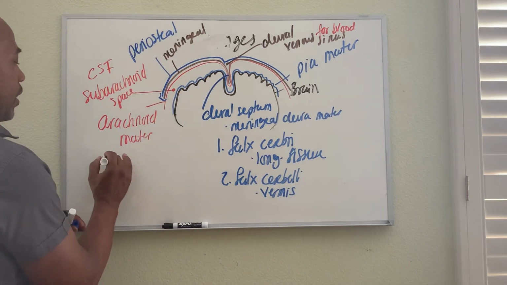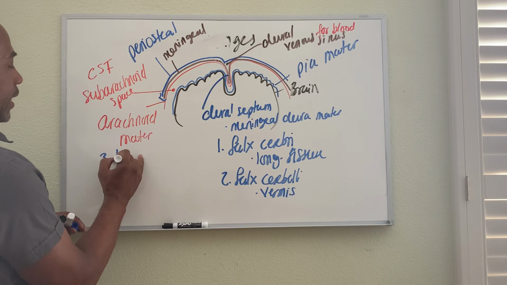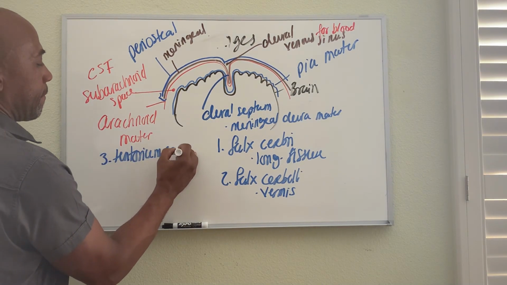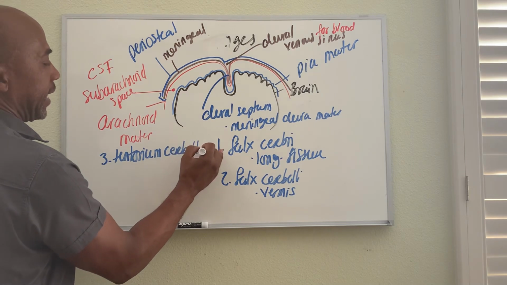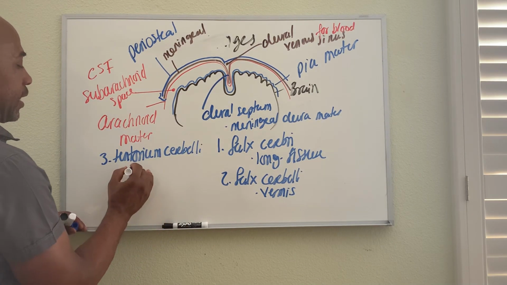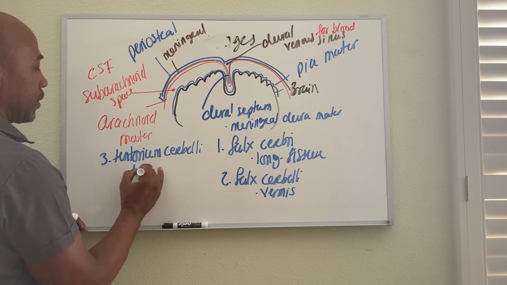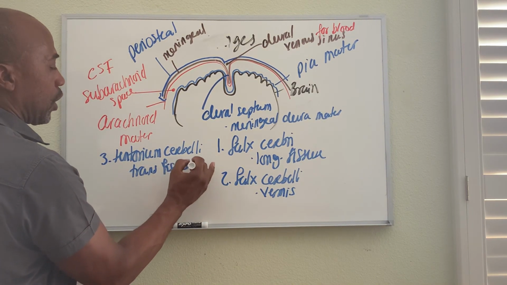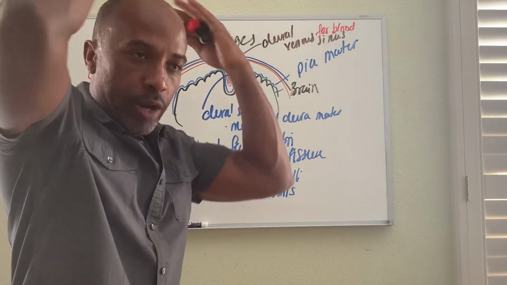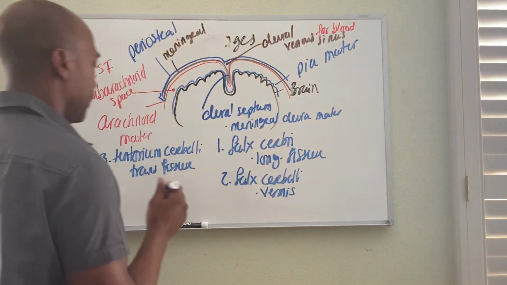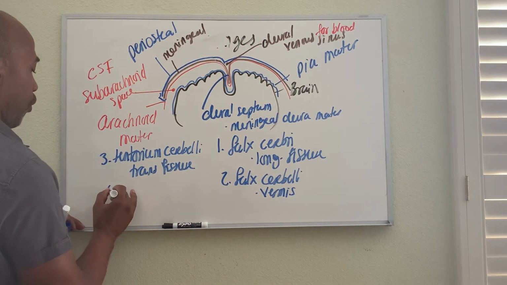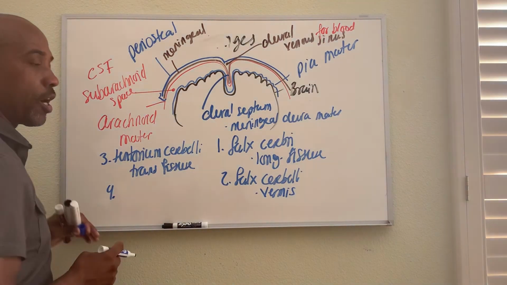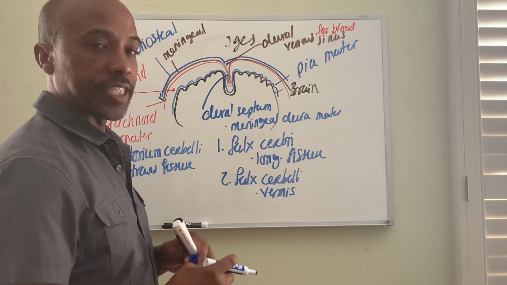Then you have your tentorium cerebelli, which sits in the transverse fissure, the transverse fissure which separates the cerebrum from the cerebellum. And then the fourth one, the small one, which covers the sella turcica.